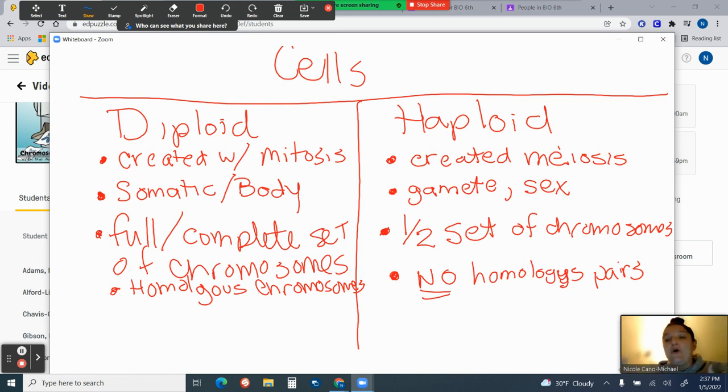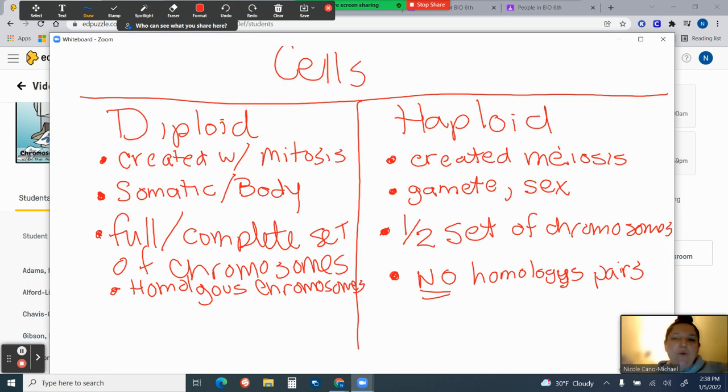So, for example, humans have 46 chromosomes in our diploid cell, which means that we have 23 in our haploid cells. Dogs have 78 in their diploid cells, which means that they have 39 in their haploid cells. There's no way everybody is going to remember every single number of chromosomes in every single organism that exists.